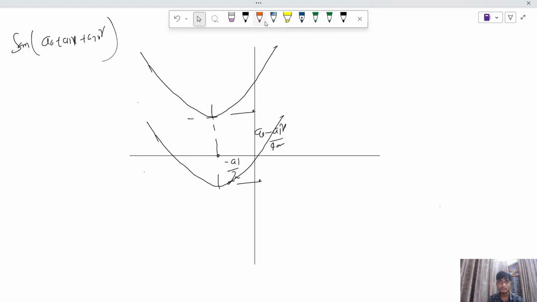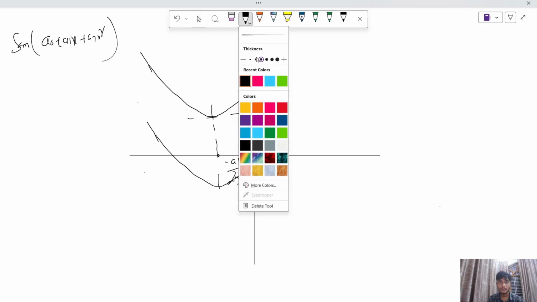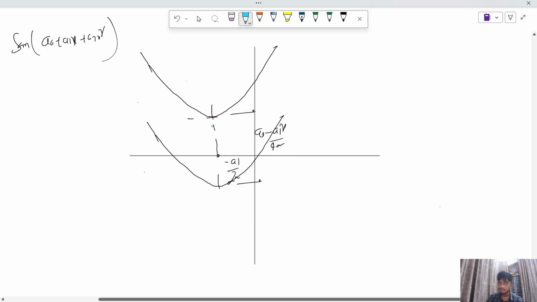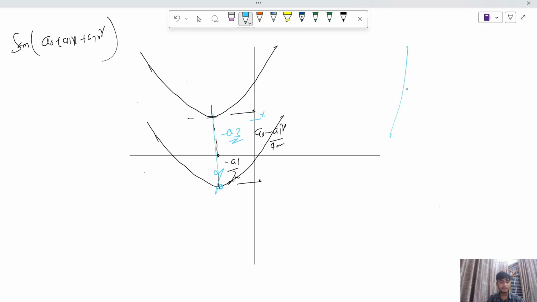I'm shifting this down by some units, because I have to get negative, because if it is positive, you can see this is +1 everywhere. Let's say this is the function, and let's say somewhere here +1 is there, so everywhere it's +1 because it's on the positive side everywhere. But here it's coming on the negative side, so positive, positive, and negative.